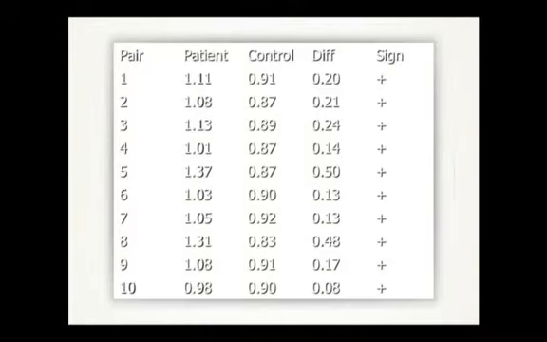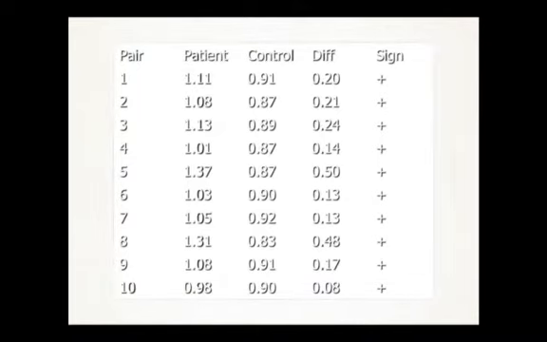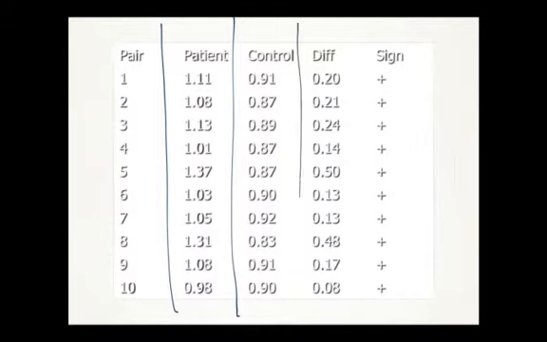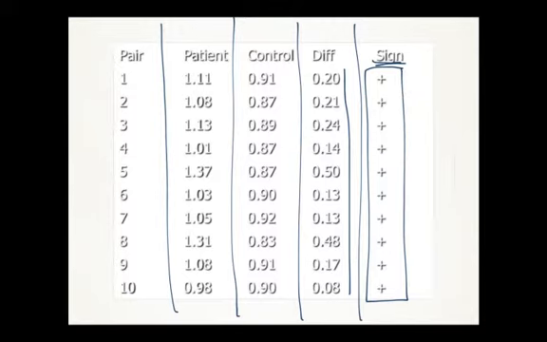So let's continue with this example here. Okay, so we have our 10 pairs, the patient, the control, the difference, and then the corresponding sign of the difference. You see, these are all pluses because all the differences here are positive.